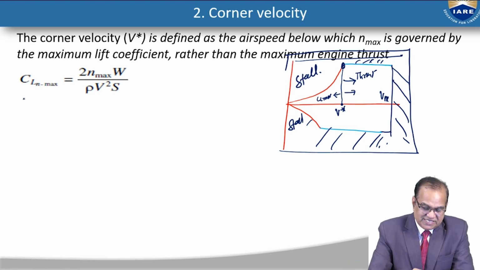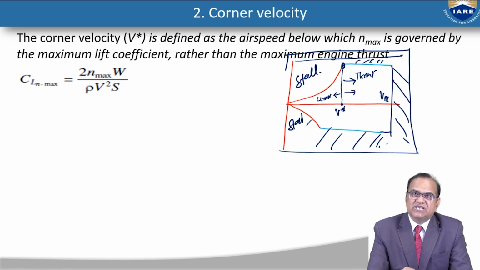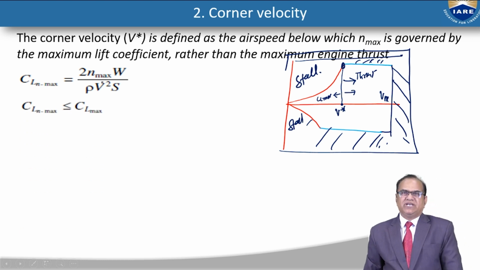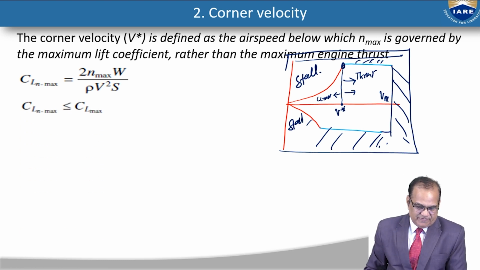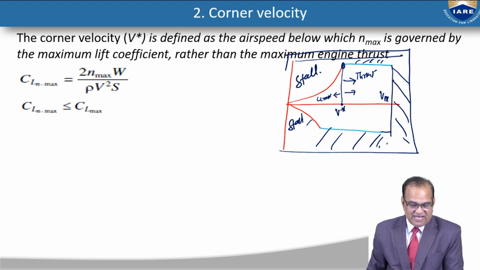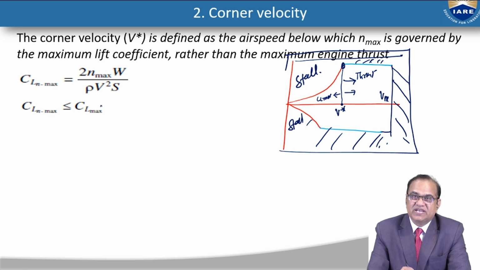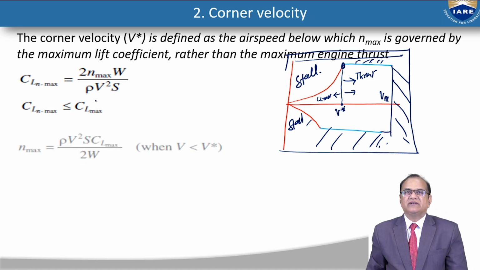Now CL maximum, you know, is 2 n maximum W by rho V S. So here CLN maximum will be less than the CL maximum. Always CLN maximum should be less than the CL maximum, then only your aircraft will be flying.